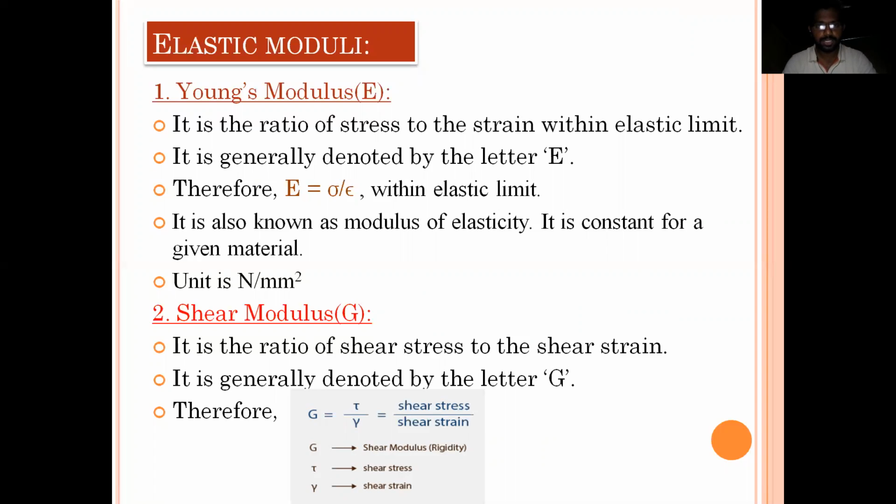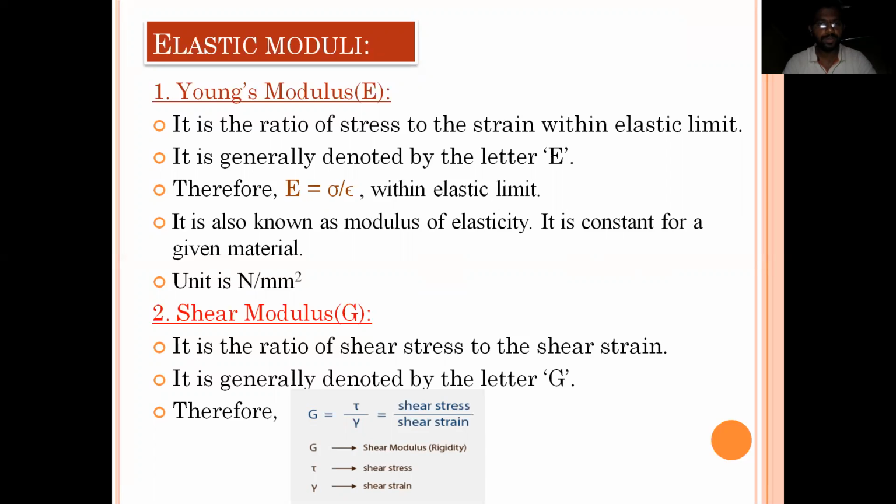Young's modulus is generally denoted by the letter E. Therefore, E is equal to sigma divided by epsilon within the elastic limit, where E is Young's modulus, sigma is the stress, and epsilon is the strain. It is also known as the modulus of elasticity, and Young's modulus is a constant for a given material.